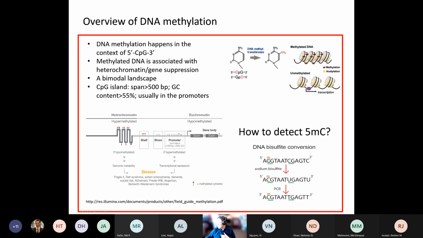So the cytosine is methylated, while in the second CG, the cytosine is not methylated. Now we need to identify the methylation pattern to tell which cytosine is methylated and which is not. So we just treat the DNA preparation with sodium bisulfite. Sodium bisulfite is a chemical that will convert the unmethylated cytosine to become a uracil.